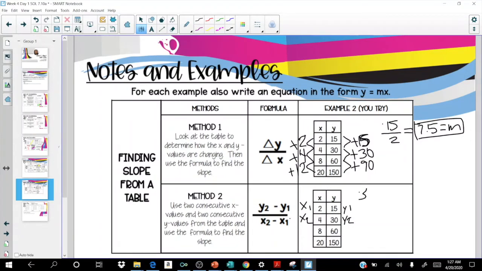So that means 30 subtract 15 over 4 subtract 2, which is equal to 15 over 2, which is equal to 7.5, which is m.